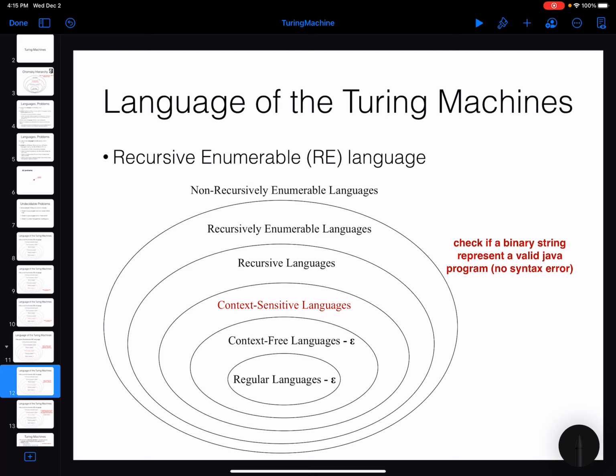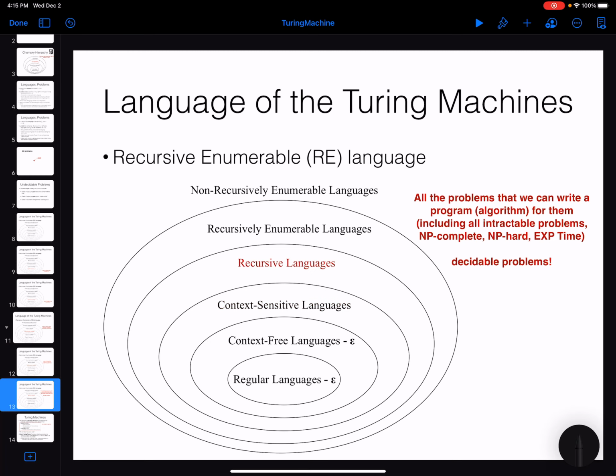And then after this level, we are going to have the recursive languages. So what are the recursive languages? Basically, all the problems that you can write a program for, you can write an algorithm for, are going to be a part of the recursive languages.